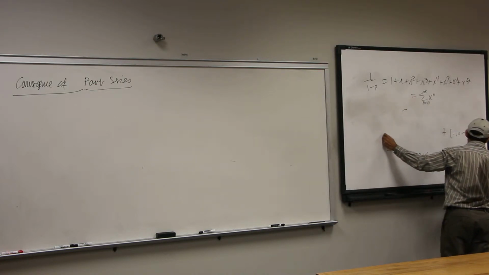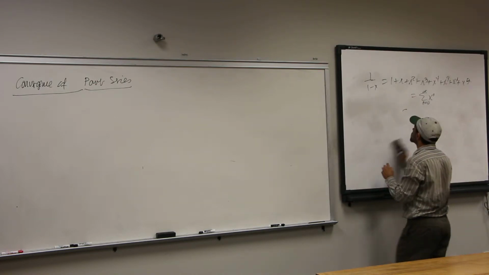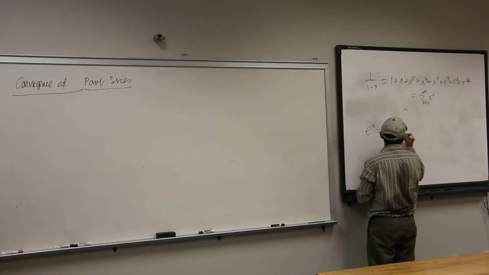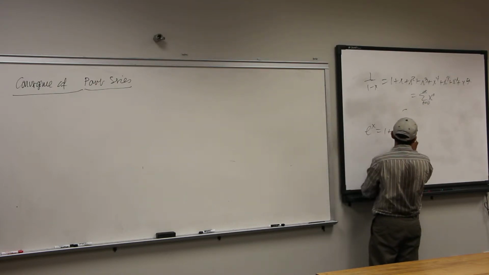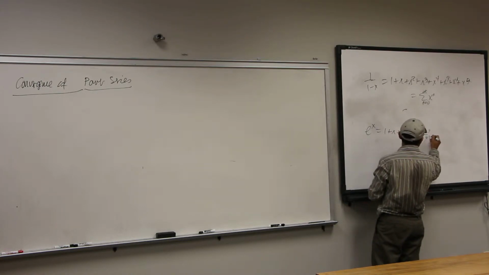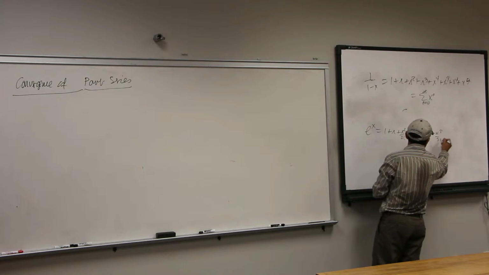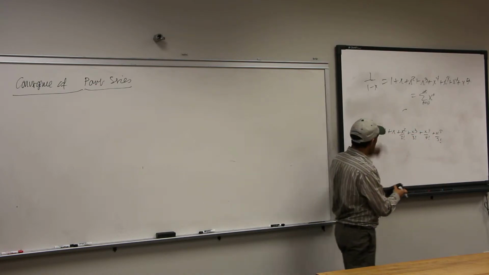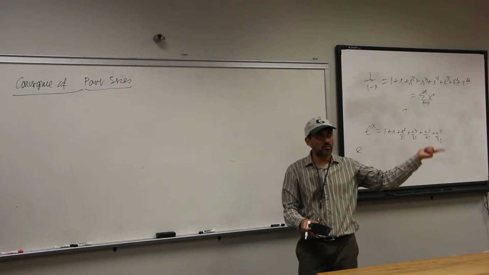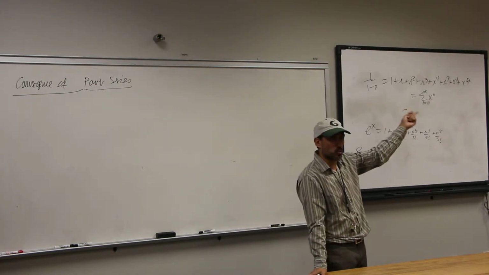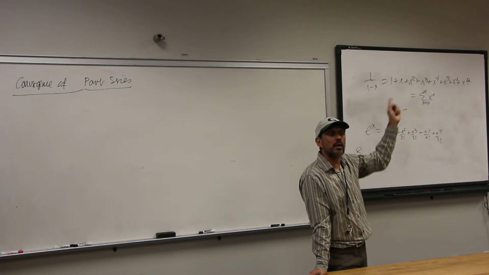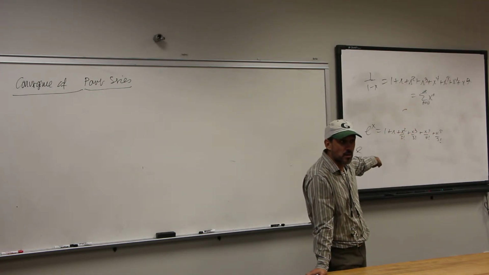And how about this one here? Can I put 1 in here? In other words, is e equal to 1 plus 1 plus 1/2 plus 1 over 6 plus 1 over 24 plus 1 over 120 plus 1 over 720?